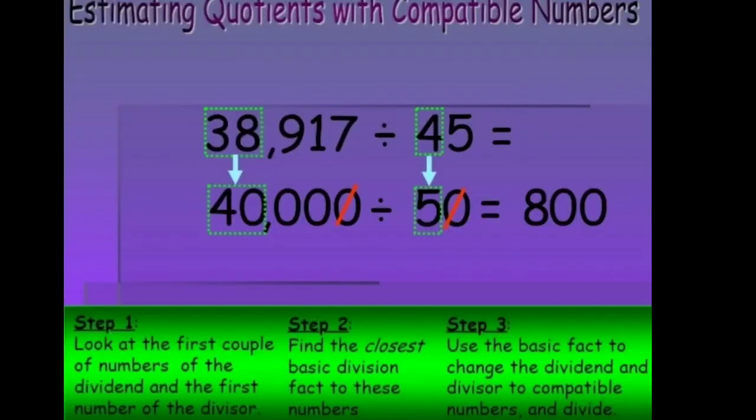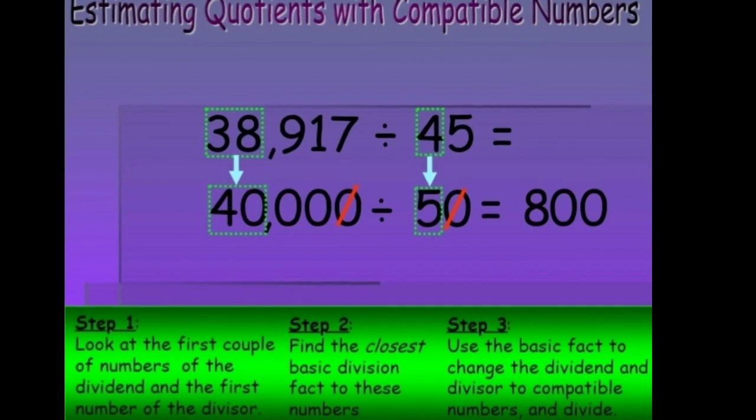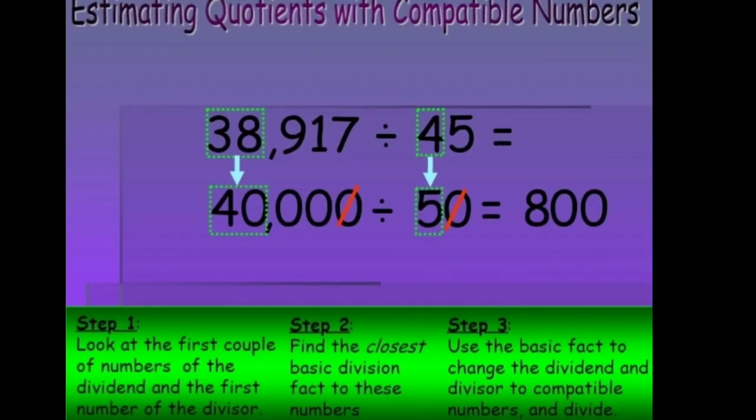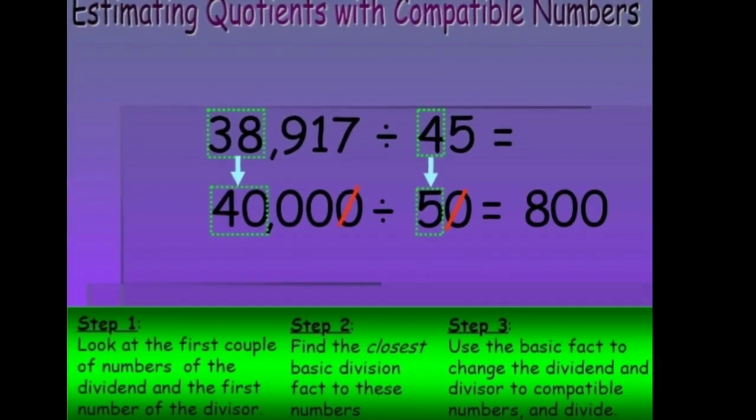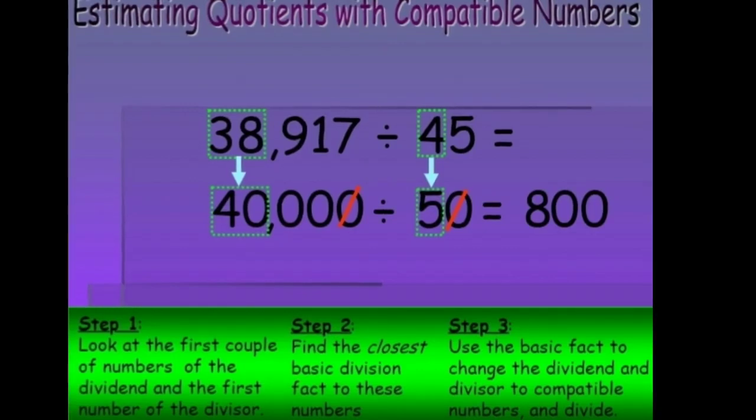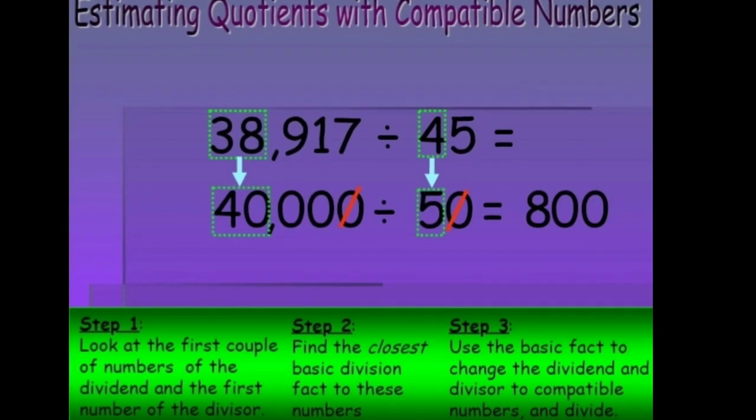Similarly, you can also use estimation in the quotient. What you have to do? You have to estimate the divisor as well as the dividend. So here the dividend is 38,917. After rounding off, it comes out to be 40,000. Similarly, 45 is the divisor, and when we round it off, it comes out to be 50.